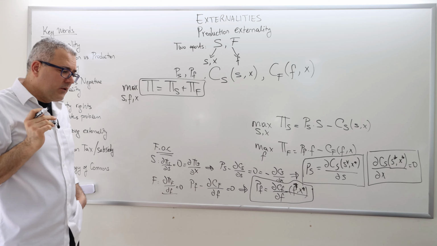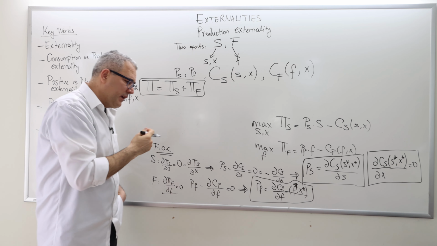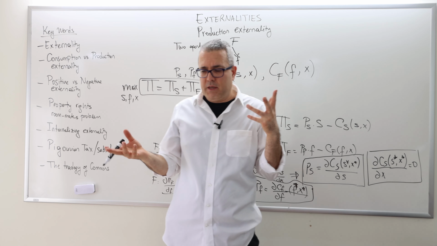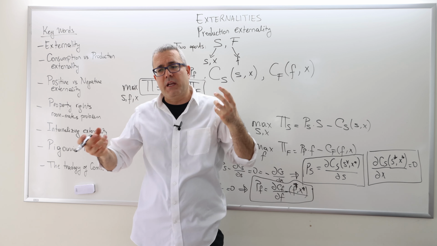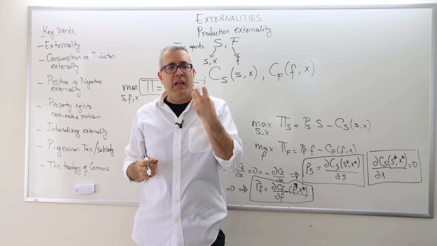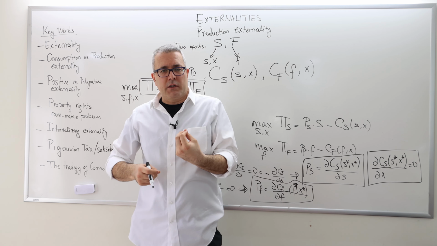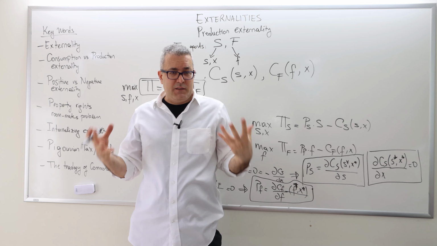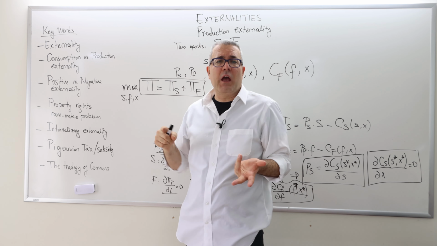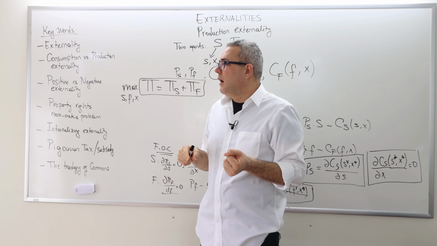All right? So you can imagine this as like, oh, these two firms, the fishery and the steel company, are not two independent firms. They are actually owned by the same guy, same owner, and that owner would like to maximize the total profit by choosing those three parameters. All right?